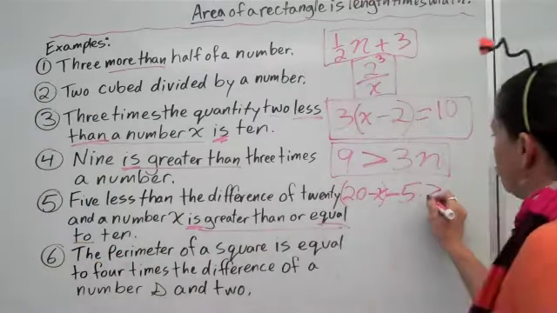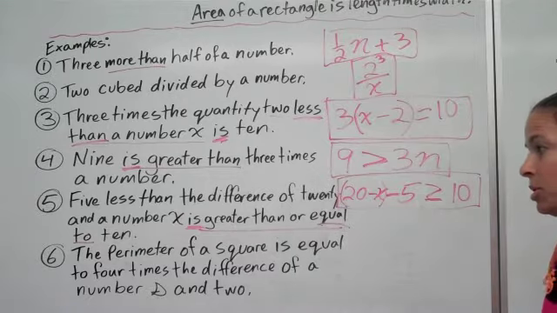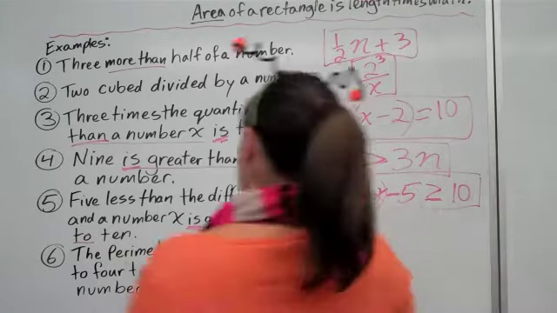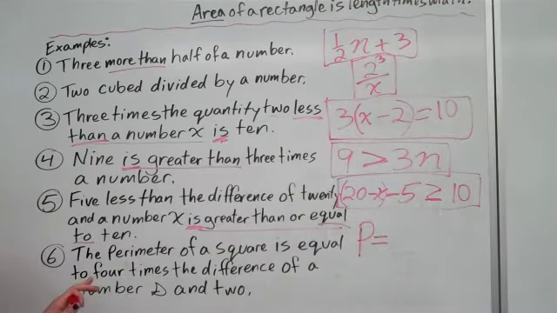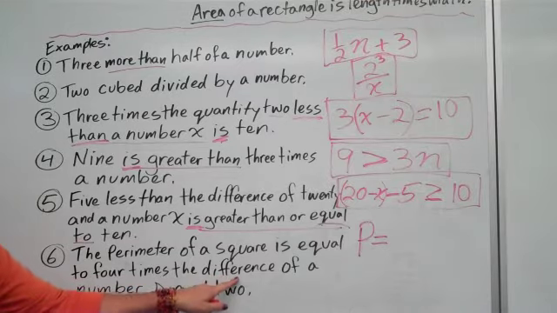All right, number 6. The perimeter of a square is equal to 4 times the difference of a number s and 2. So the start of it is the perimeter of a square is equal to. So we are going to have a perimeter is equal to something. And the perimeter is equal to 4 times the difference, again the answer to.